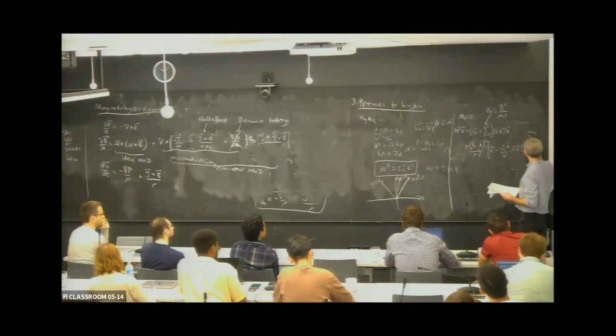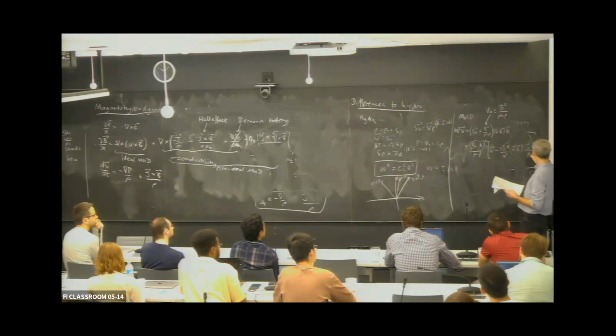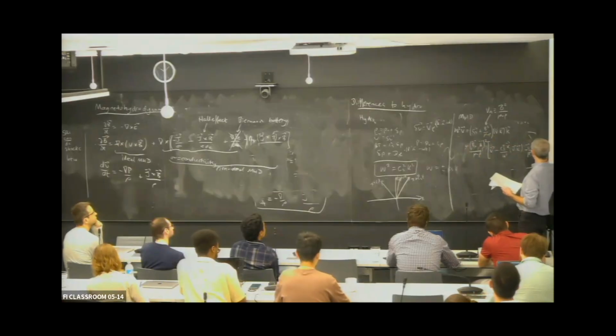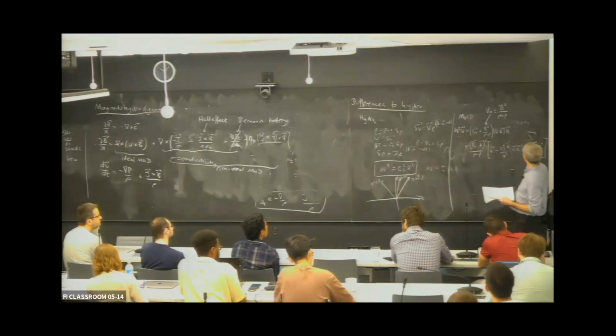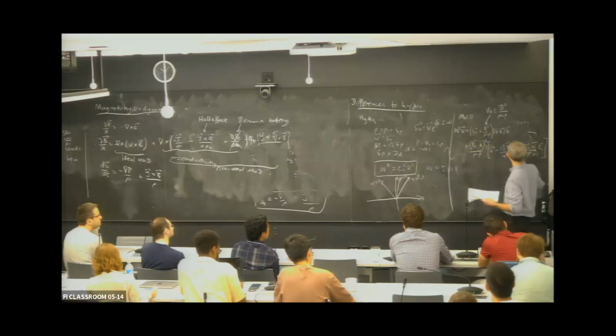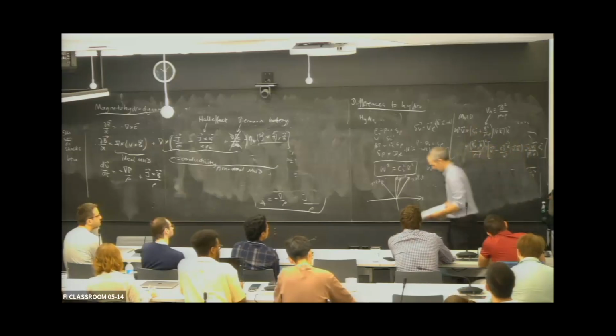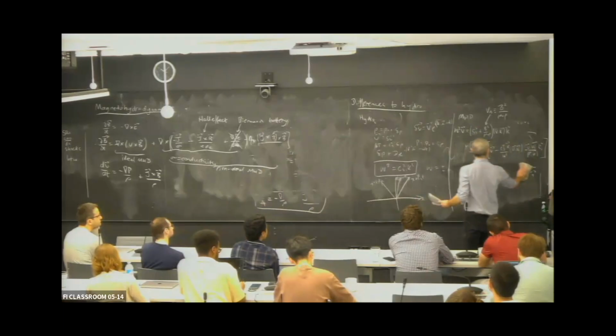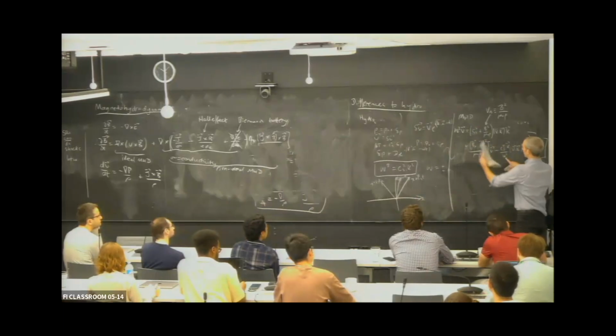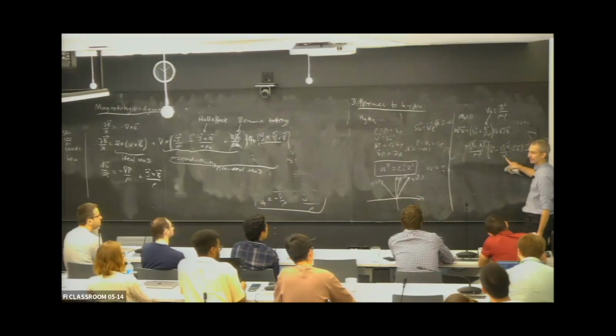V dot k, B naught dot k. B naught is the background magnetic field around which I've perturbed my magnetic field. So you've got some giant messy dispersion relation, which you have to solve, and there's an omega squared here, so it's actually a quartic already.